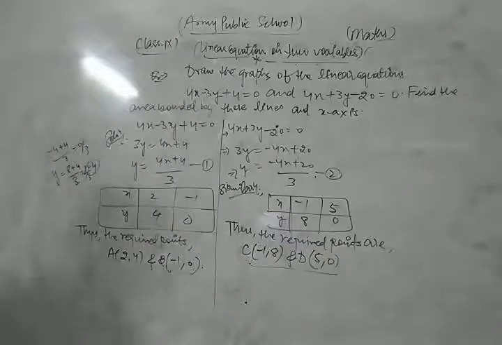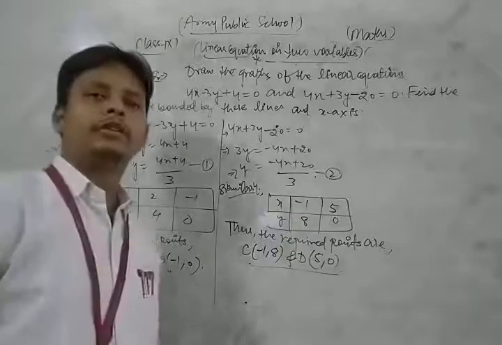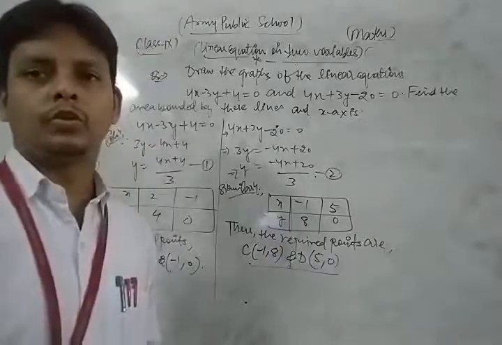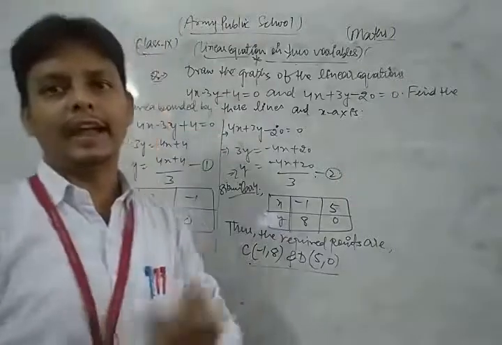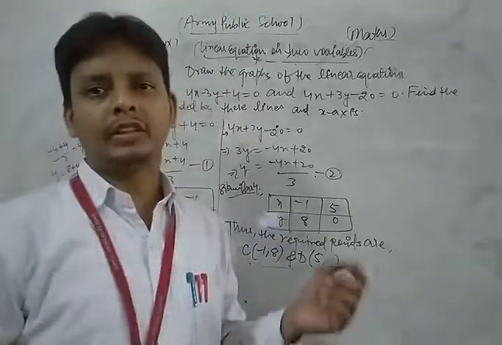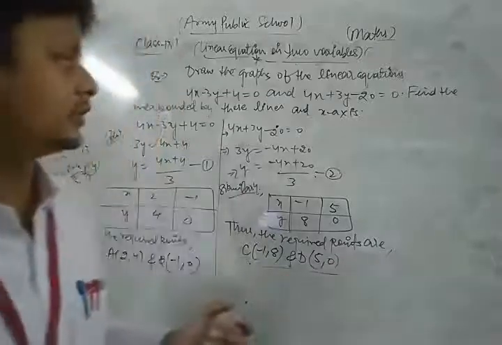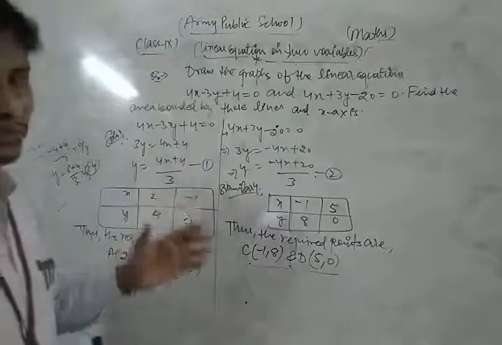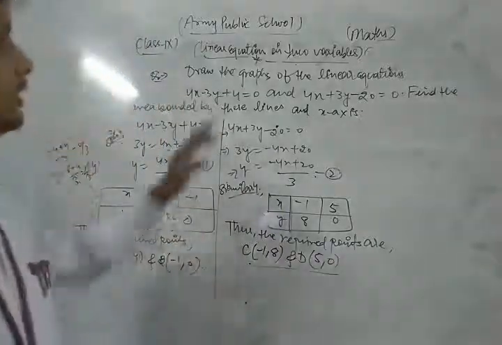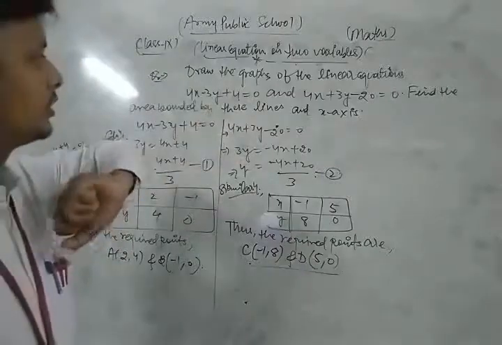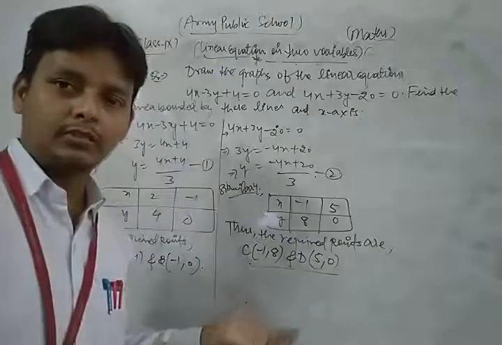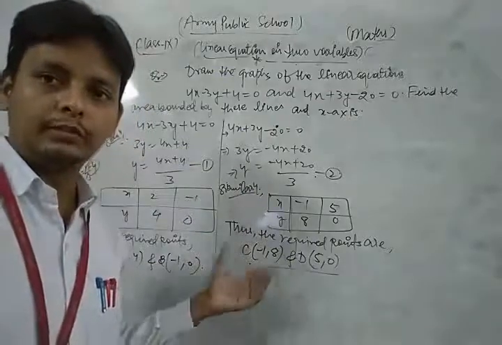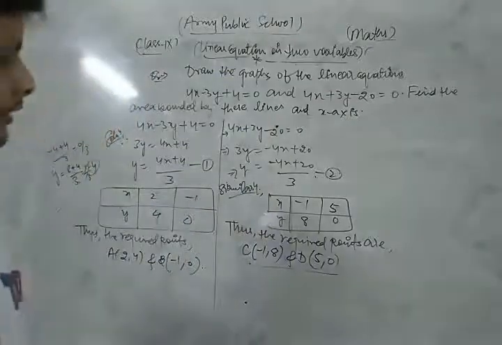Now in this way we get 4 coordinates, 2 with the help of equation 1 and another 2 with the help of equation 2. Let's see once more. In this question we draw the graph of both linear equations on the same graph, because we also find the area included with them and with the x-axis.